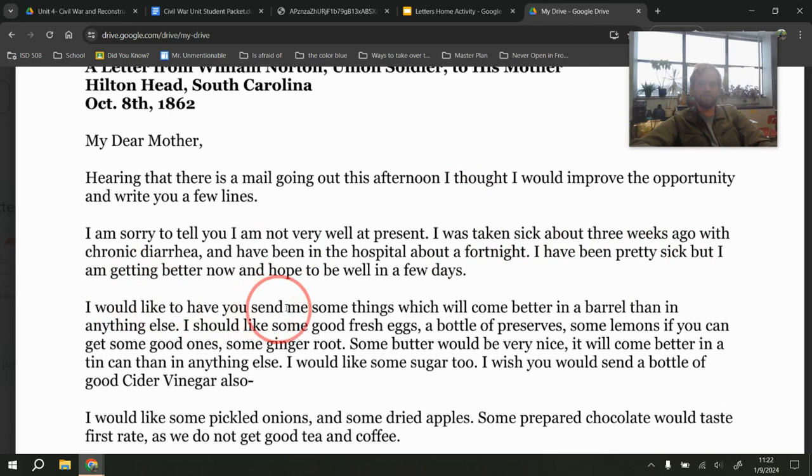I would like to have you send me some things which will come better in a barrel than in anything else. I should like some good fresh eggs, a bottle of preserves. Some lemons if you can get good ones, some ginger root, some butter would be very nice. It would come better in a tin can than in anything else. I would like some sugar too. I wish you would send a bottle of good cider vinegar also.